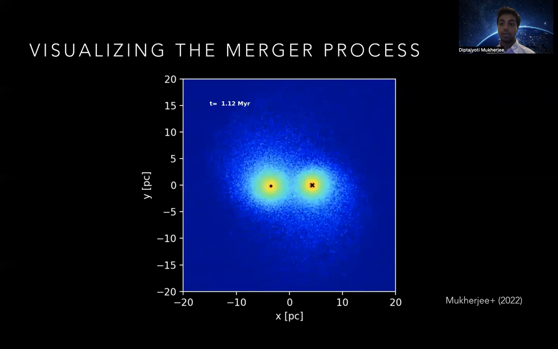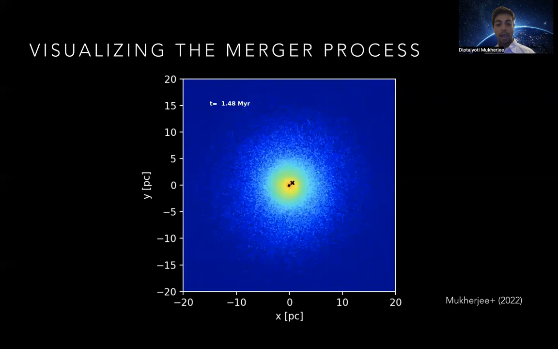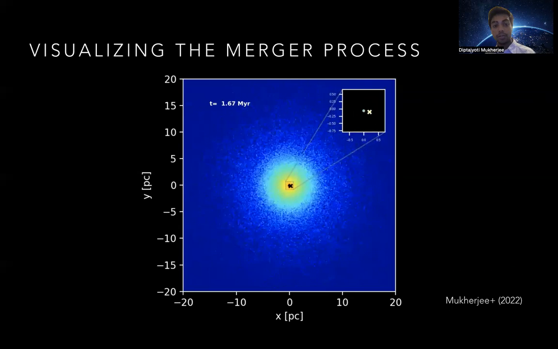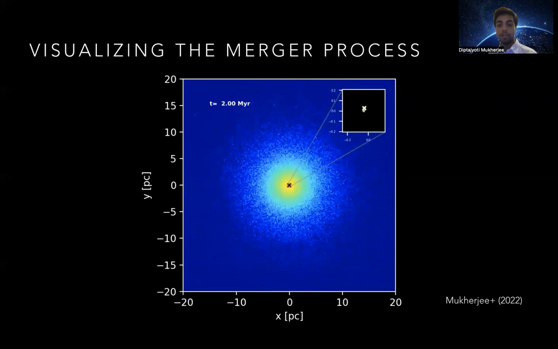We let our simulations run for about 10 million years, but here I've presented a snapshot. From the outset, you can see that the clusters merge within 1.5 million years, and by 2 million years, we have formed a hard binary of the massive black holes.